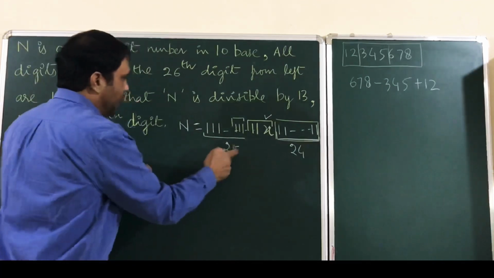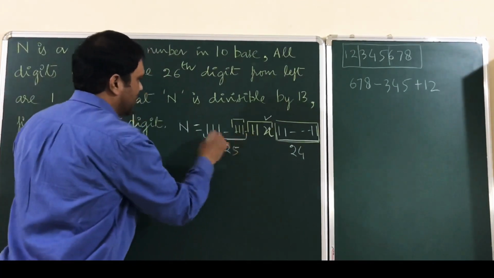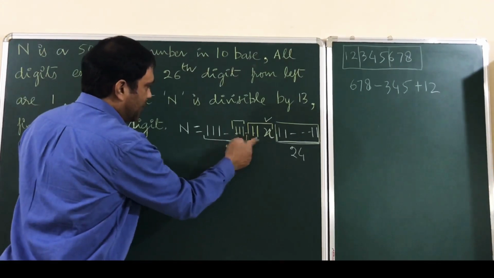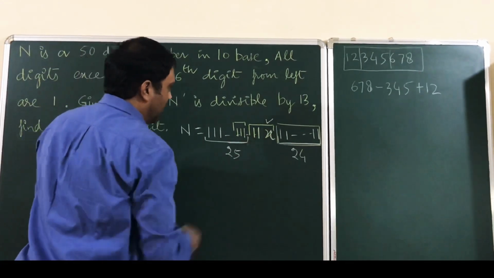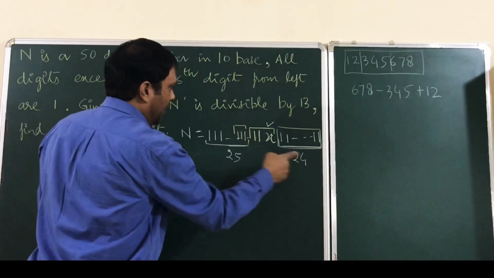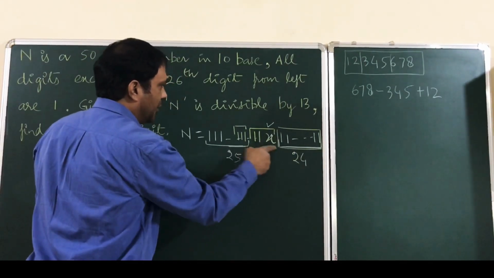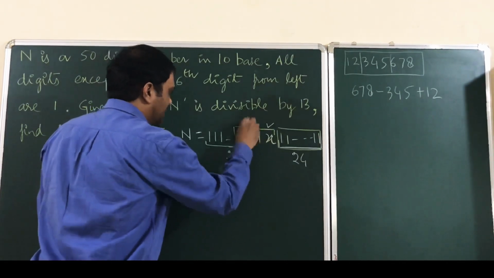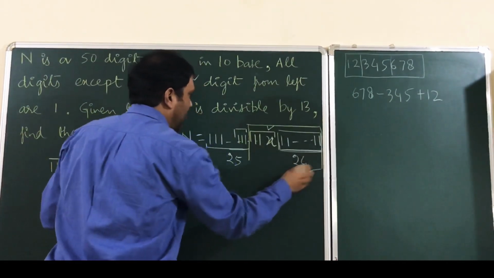And after this, if we analyze the 25 ones which are there, I have already taken 3 there. So this 24 I have taken, plus 3, so these 27 digits we have already checked.